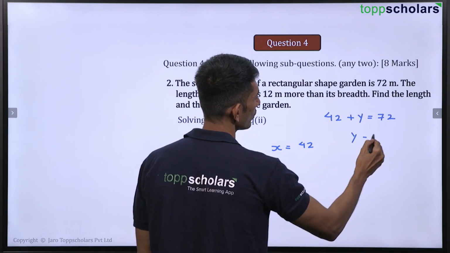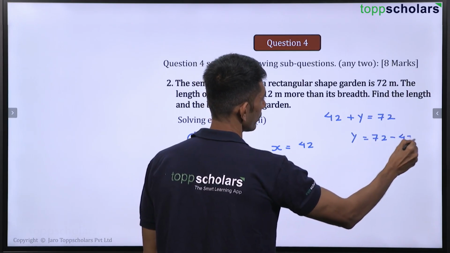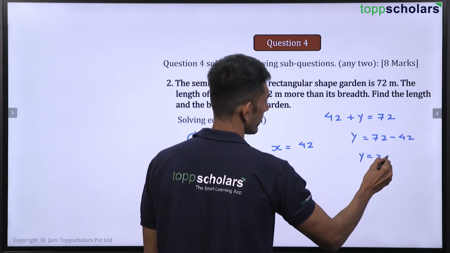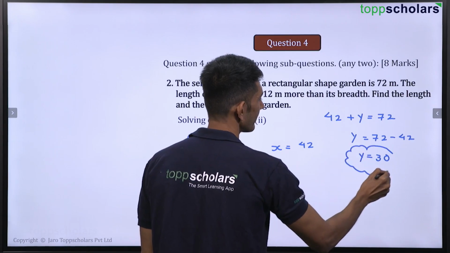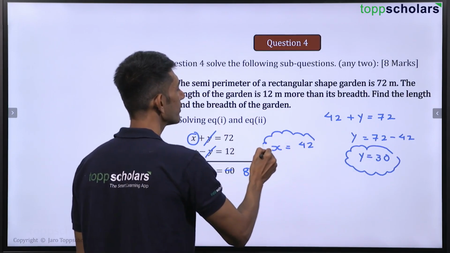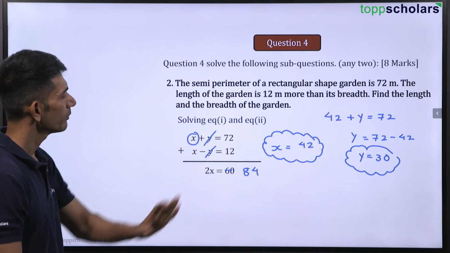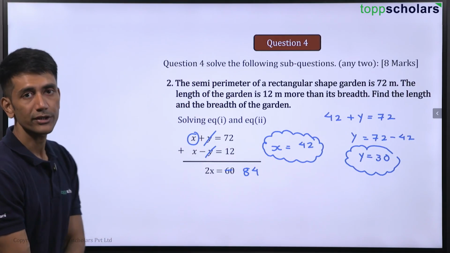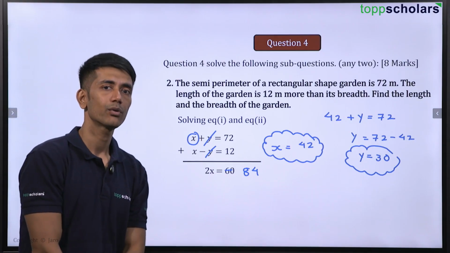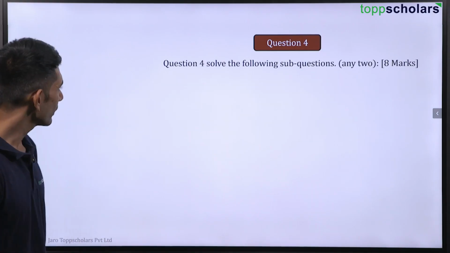So y will be equal to 72 minus 42. So y will be equal to 30. The breadth is 30 and the length is 42, correct? Length is 42, breadth is 30. I hope this question is clear to all of you. Easy, simple, straightforward.